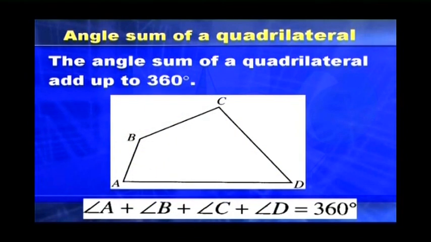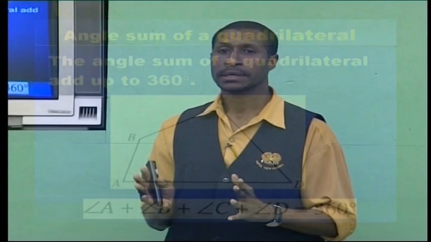So on the screen, you have the angle sum of a quadrilateral which adds up to 360 degrees, which means that in any 4-sided figure or shape, the 4 angles add up to 360 degrees.